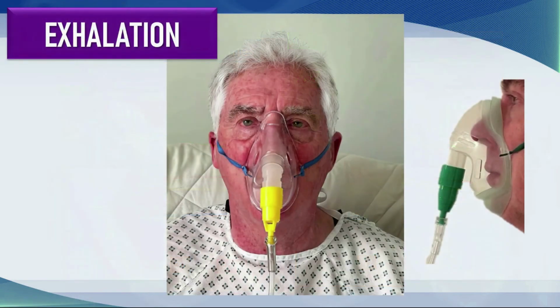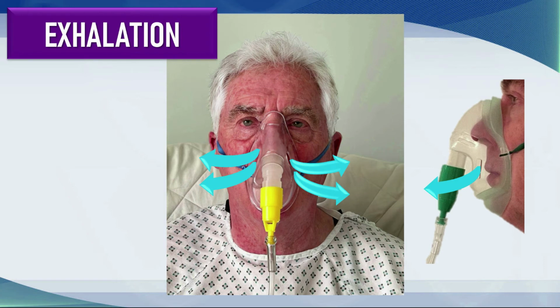Remember also, of course, that in exhalation, the patient must exhale out the side ports of these devices. So you've got to get the flow out of the side ports of these devices. But you don't have the same problem with Venturis as you have with simple face masks, because the overall flow is much higher with the Venturi when you look at the air entrainment ratio, even at low levels on the flow meter.